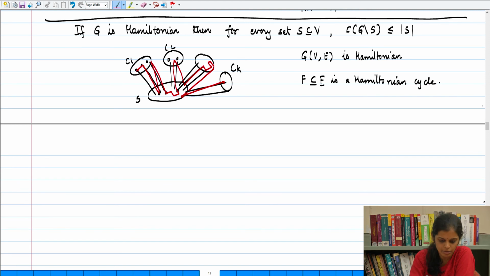Correct? And then finally it must come back. So I hope you agree that this is how the cycle will look like. The black edges are what we will call the cut edges, that is, they go from S to the components, and the red edges are the cycle edges. If you look at these red edges, the red edges are the edges of F, and with respect to these red edges, every vertex has degree exactly 2 because it is a simple cycle.